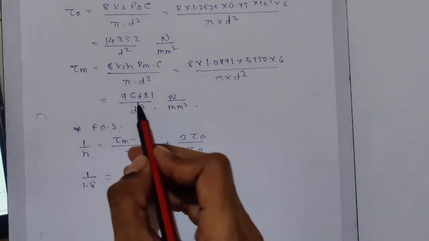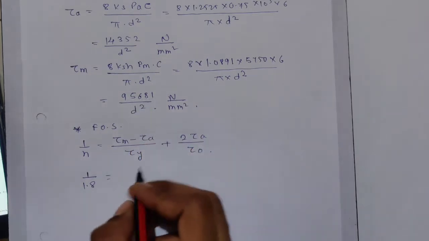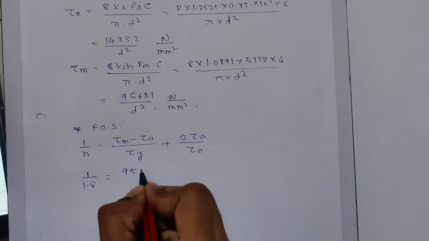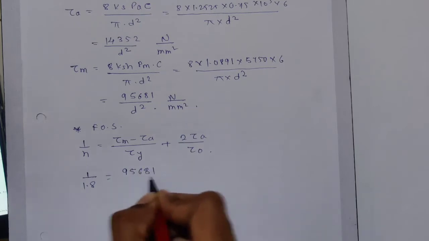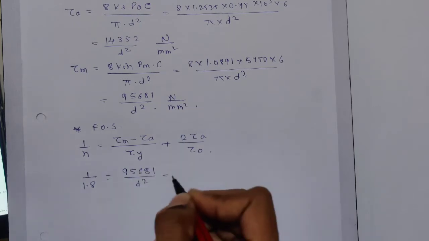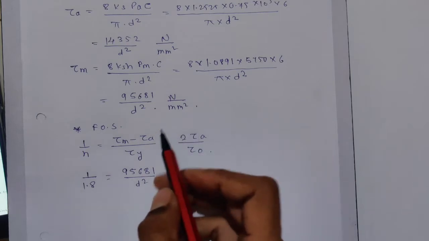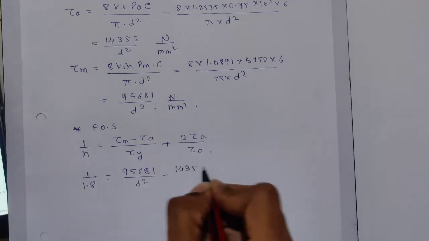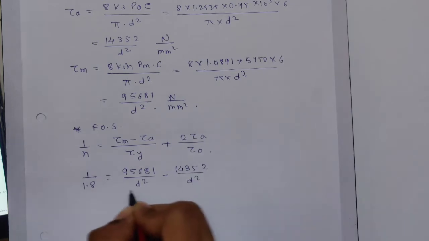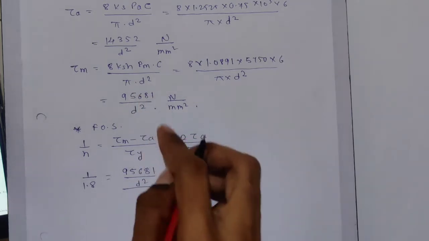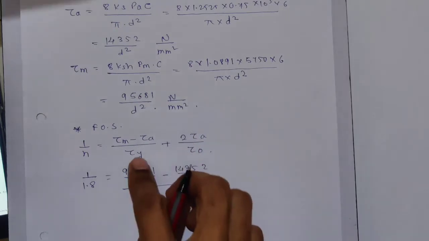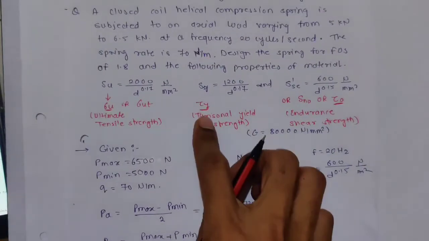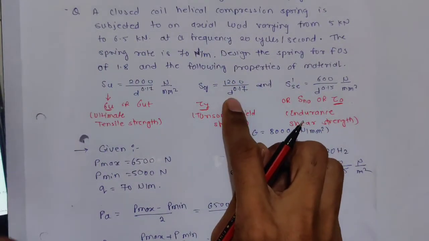What is the tau m value? Tau m value is 95681 upon d square, minus tau a value, which is 14352 upon d square, whole divided by sigma y. So sigma y value was 1200 upon d raised to 0.17.